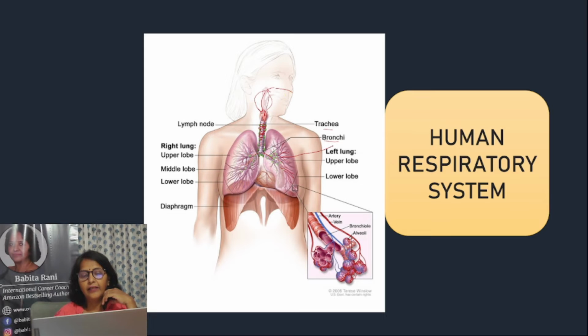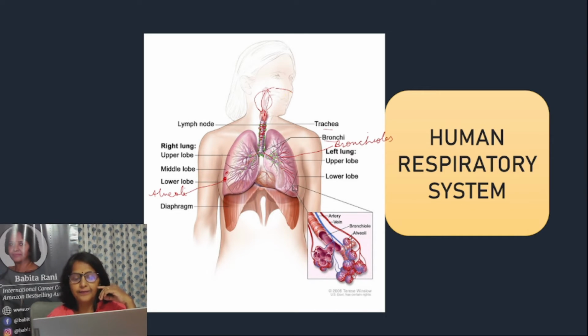These are, let me write the name, bronchioles. And at the end of these bronchioles, we have a balloon-like structure which is known as alveoli. Yes, you can see it over here.